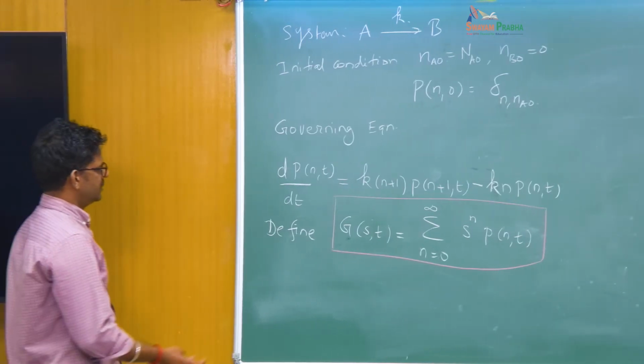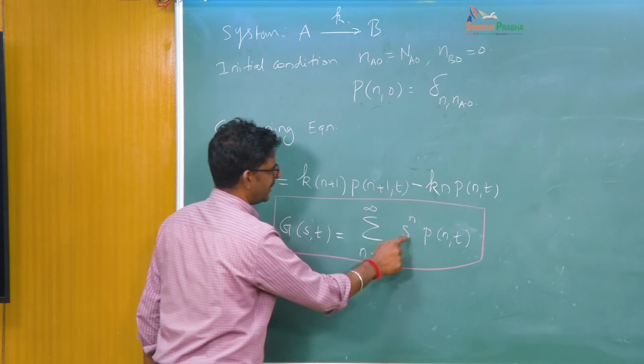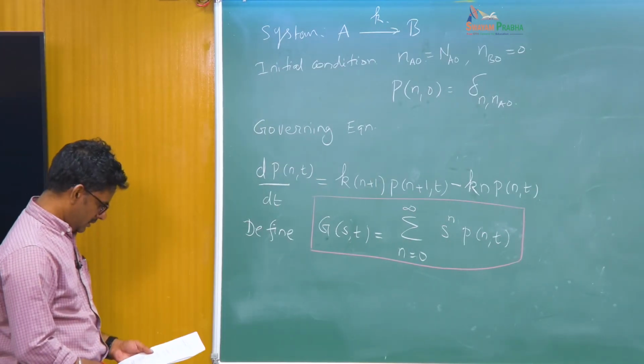To see how this is done, we multiply this entire thing with s to the power n and sum over n.